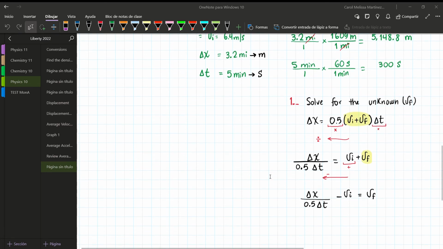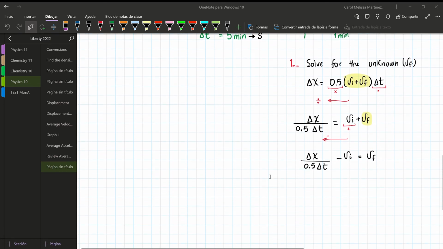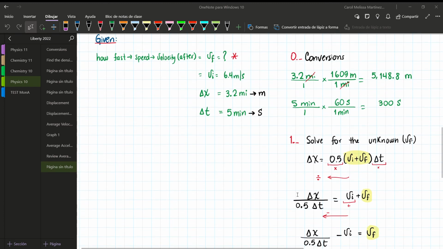And now you can plug in your givens because you have the equation already isolated for final velocity. So we say delta x. What is delta x in the problem? Delta x is 3.2 miles, but we're not going to be using the miles.